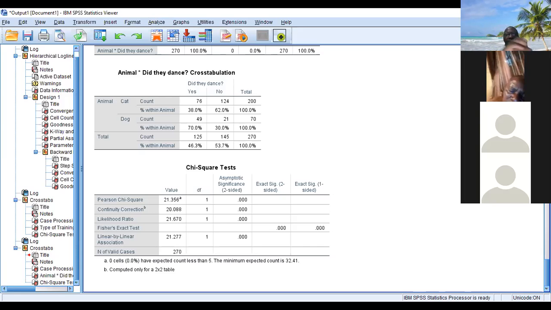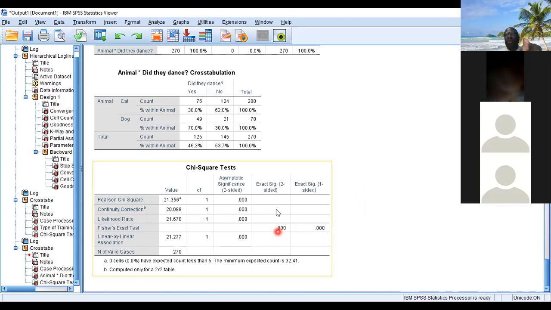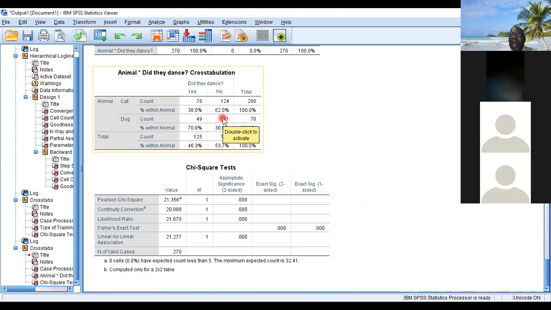Yes, dog, 70%. When we ran all of them together, what Lorena did was run all of them together, but now we are trying to separate the running, so that you understand how the result comes about. If you look at it, we have already established that there's a significant interaction between animal and dance. The interaction there is that a dog generally dances more than a cat.